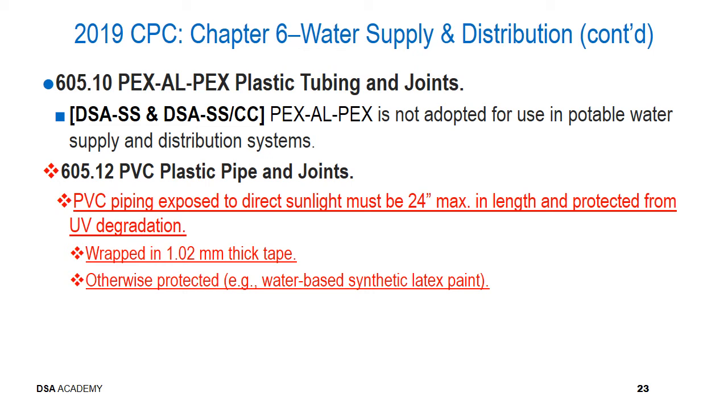And there's a couple of methods noted here, either number one, wrapped in 1.02 millimeter thick tape, or otherwise protected, which is an all-encompassing option, which design professionals will suggest options for protection on a case-by-case basis for each of their projects.